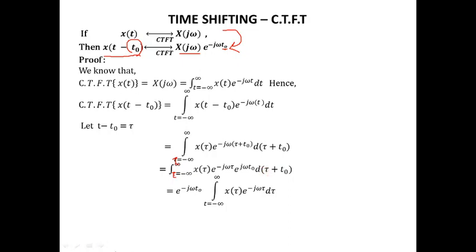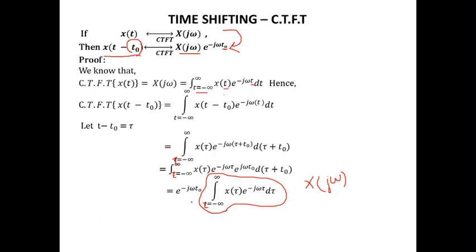So this can be written as, and here the variable of integration will be tau, right? Now, a very important inference: this equation can be written as x of j omega, because the only difference between this and the previous one is that both are the same, except that there the variable of integration was t, and here the variable of integration is just tau.